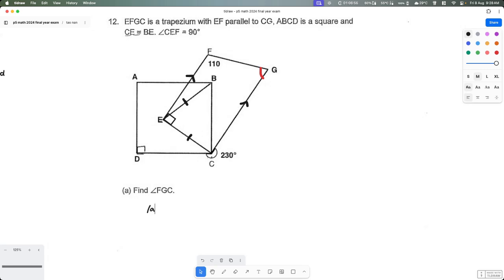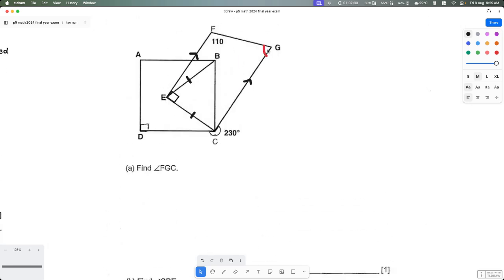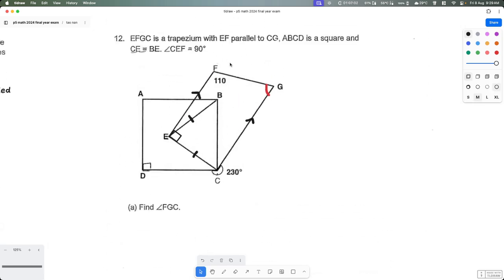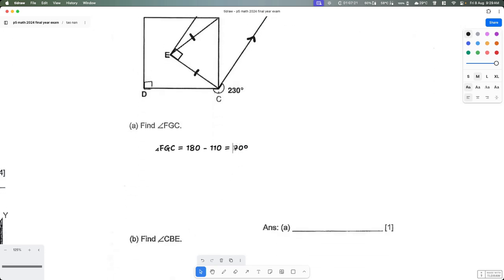It's actually opposite. So EFG is 110. So angle FGC is equal to 180 minus 110. This will give us 70 degrees. That's it. The answer for FGC is 70 degrees.